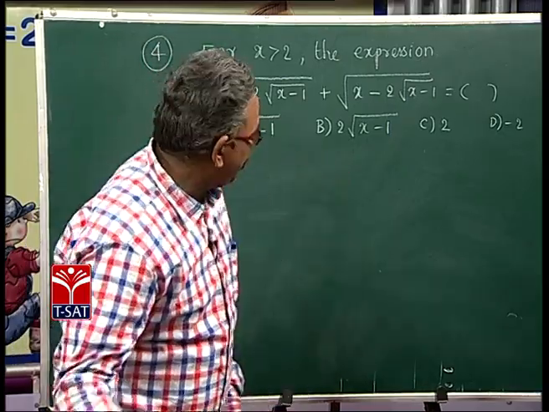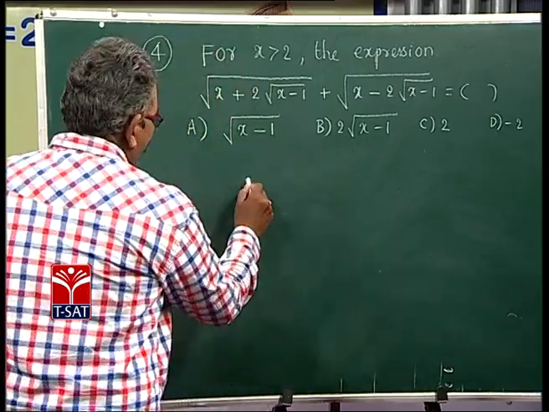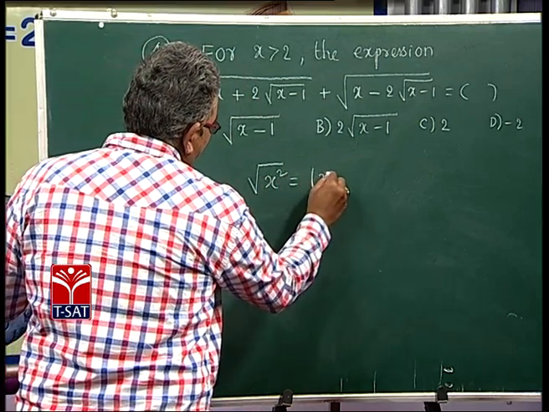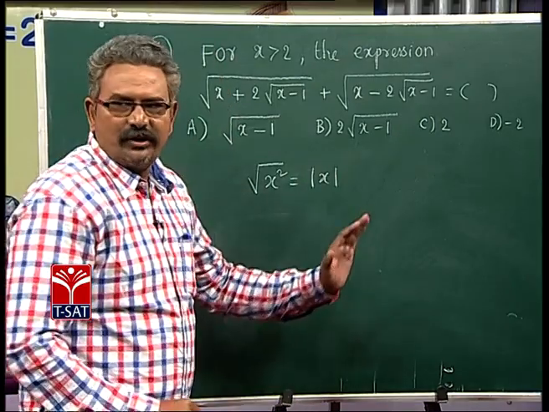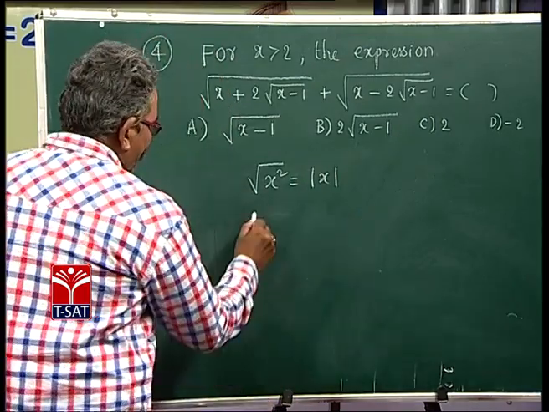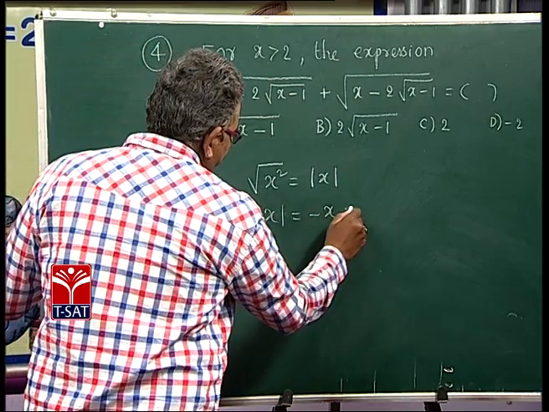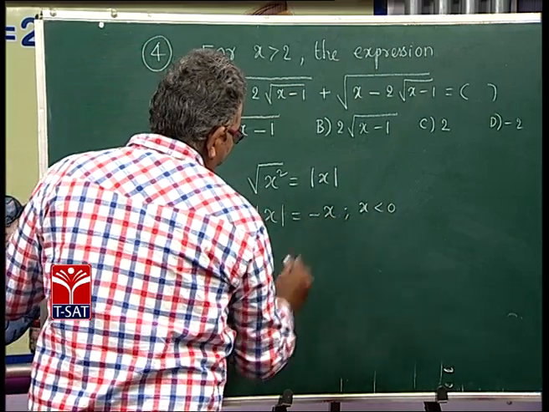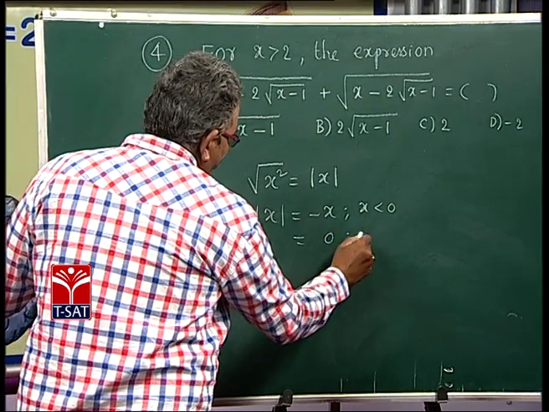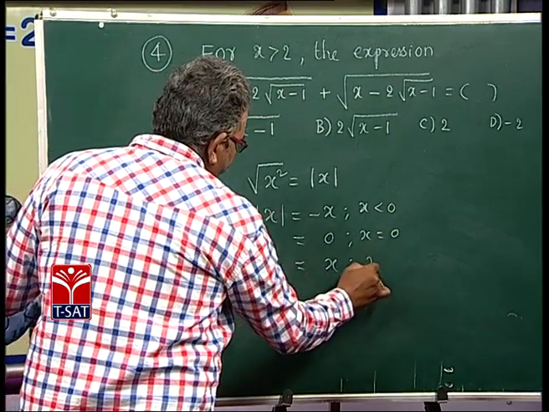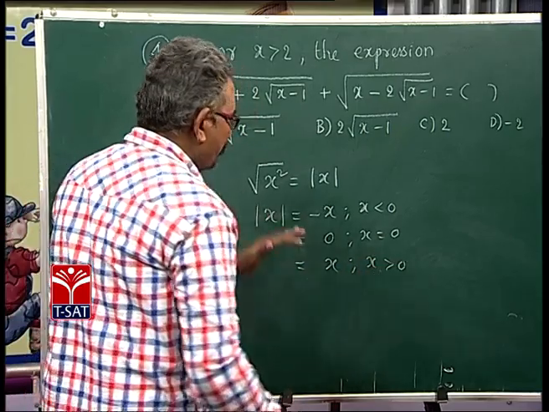So, now here root over x square is mod x. We know the mod x definition. The mod x is defined as minus x when x less than 0, equal to 0 when x is equal to 0, equal to x when x greater than 0. This is the mod x definition.